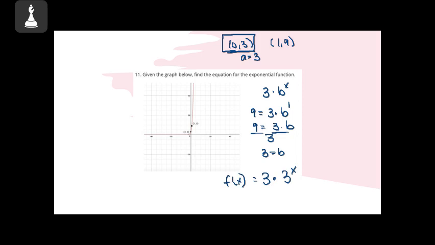The way I knew this one was in this original form was because they give me that starting point and it does not go below the x-axis. Looking at this last one here, we can see that it is below the x-axis, so we know we have gone down 1.